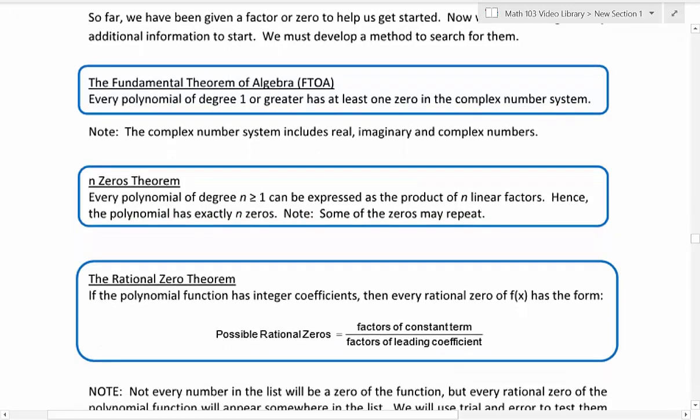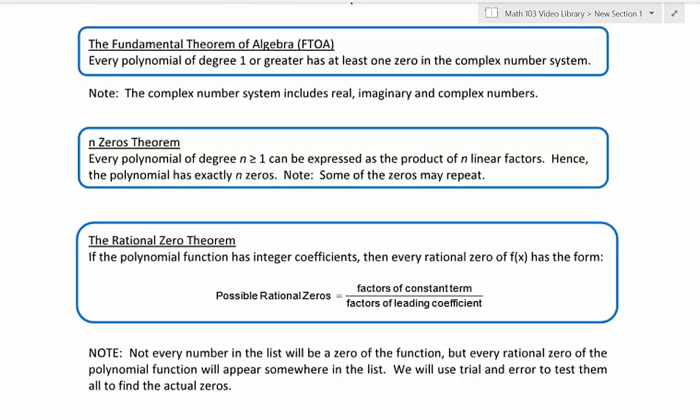Our first theorem is the fundamental theorem of algebra. This theorem states every polynomial of degree 1 or greater has at least one zero in the complex number system. Well, a polynomial of degree 1 or greater has a variable in it. Degree 0 is just a constant, so degree 1 or greater means that there's going to be a variable.